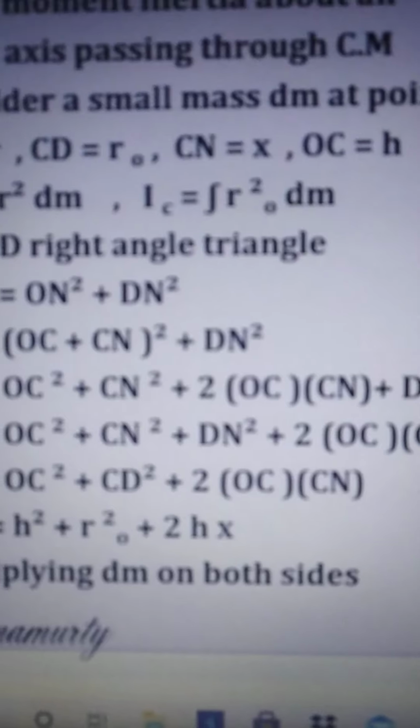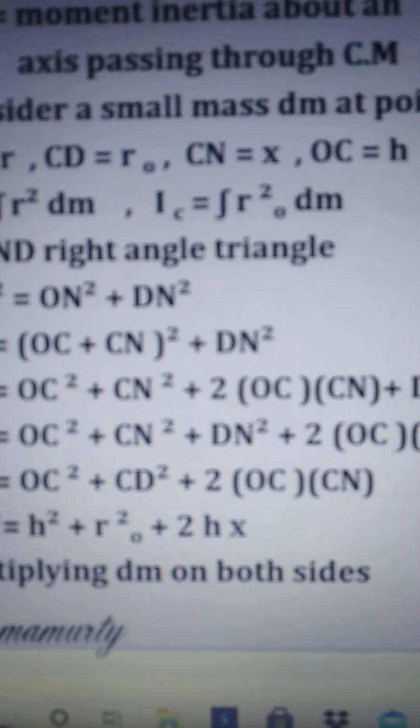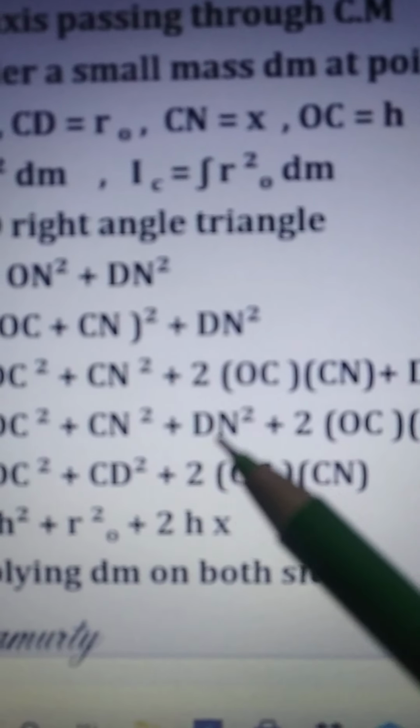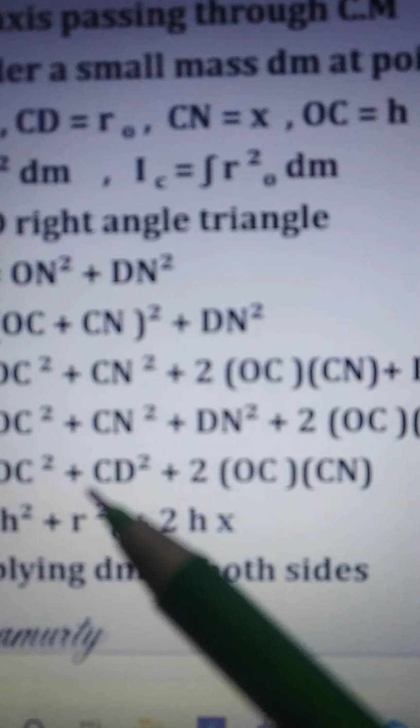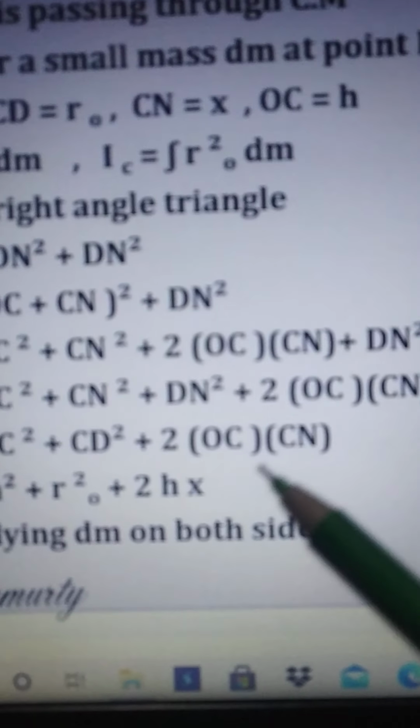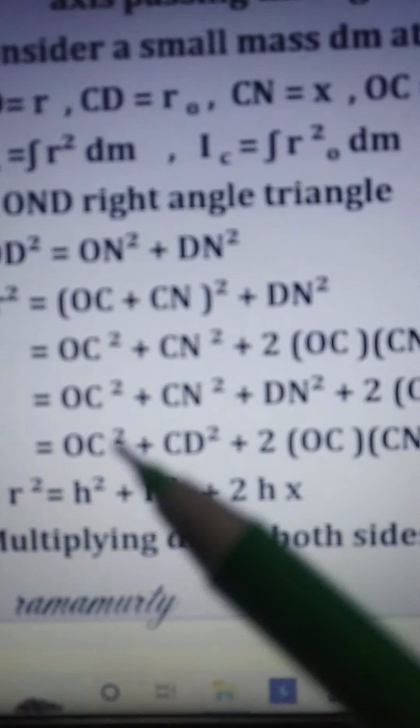CD square is nothing but CN square plus DN square, from the right angle triangle CND. So we get OC square plus CD square plus 2 OC CN, correct? Now put in the values.